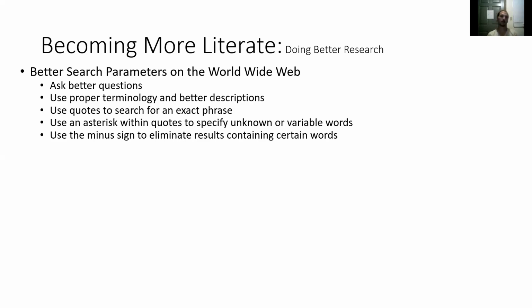Like the minus sign, for example. If you're interested in large cats like jaguars, and you want to do some research on what the top speed of a jaguar is, if you just Google that, at least the first half dozen links you find are probably going to be about the car, and how well it performs in different conditions and its top speed.